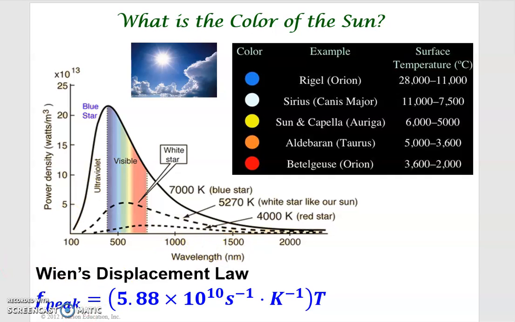The peak frequency, for this point, is determined by a constant multiplied by the temperature of the surface. So apparently, the higher the surface temperature, the higher the frequency, and the higher the frequency, you are going to see a blue light or violet light instead. So that is how you determine the color of the sun or the color of the different stars.